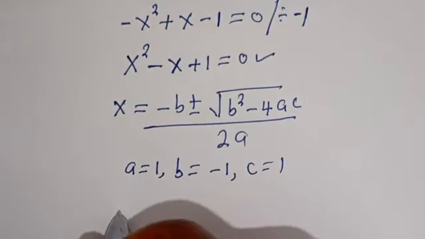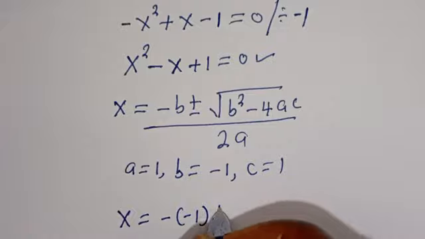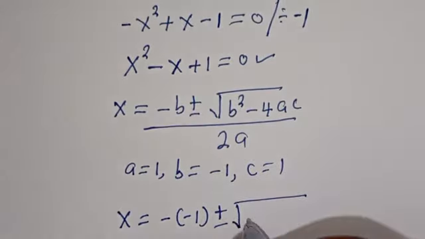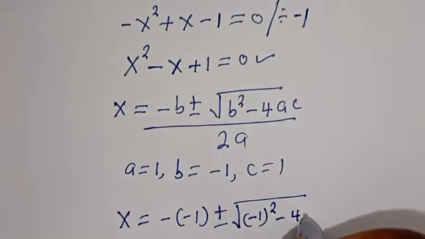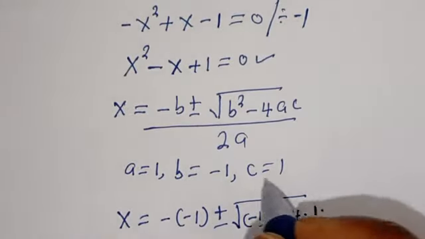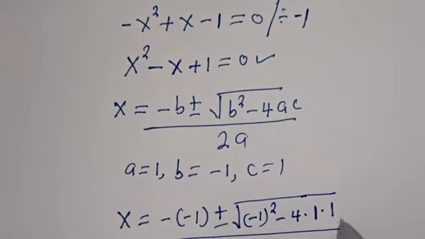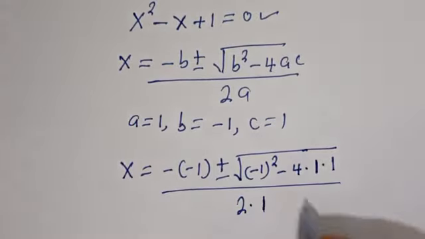Here we have x is equal to minus bracket minus 1 plus or minus square root of minus 1 square minus 4 multiplied by 1 multiplied by 1 divided by 2 multiplied by 1.